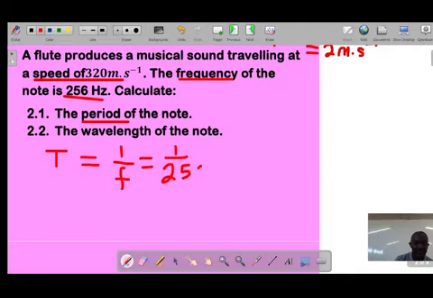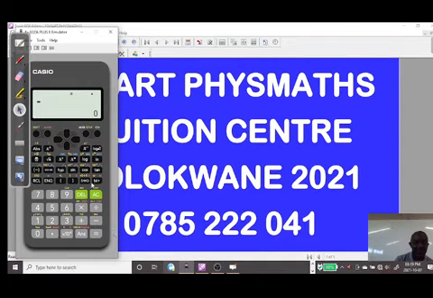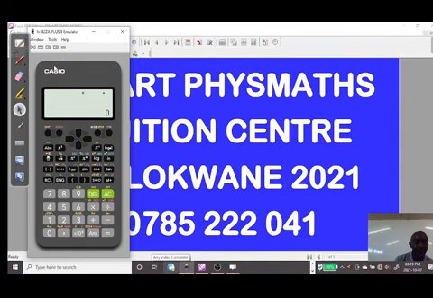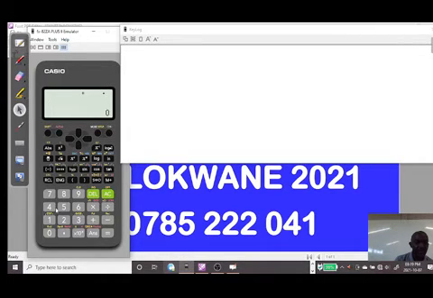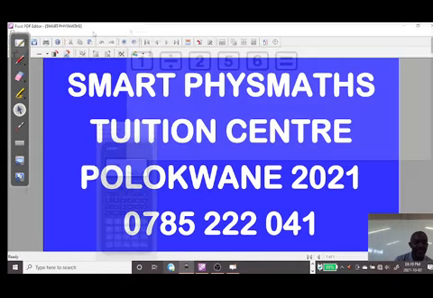Let's check it out. 1 divided by 2, 5, 6 equals 3.91 times 10 to the power negative 3. So that is 3.91 exponent negative 3.